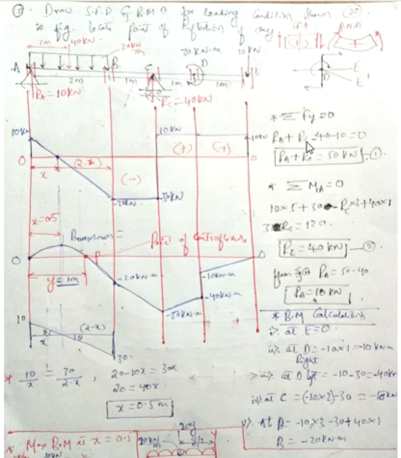So RA plus RC minus 40 minus 10 equal to 0. RA and RC you keep, and this you send to the right side, so it will become 50 is equal to RA plus RC. This will make equation 1.